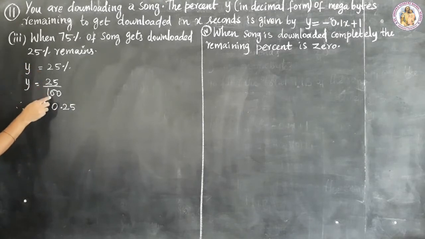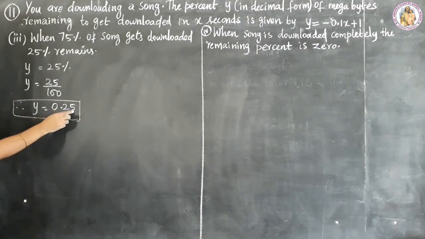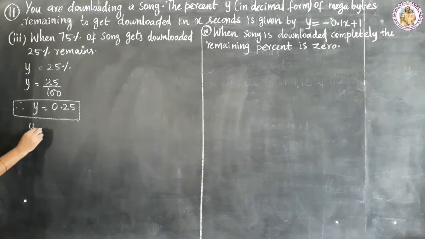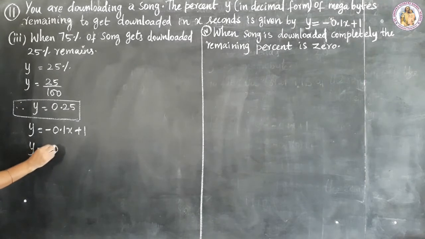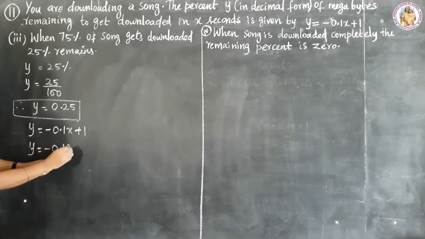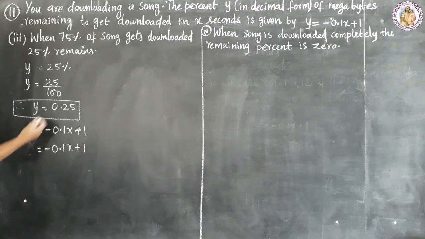If we divide 25 by 100, it is 0.25. Now substitute the value 0.25 in the equation y is equal to minus 0.1x plus 1. So 0.25 is equal to minus 0.1x plus 1.